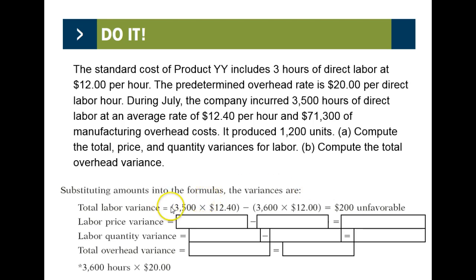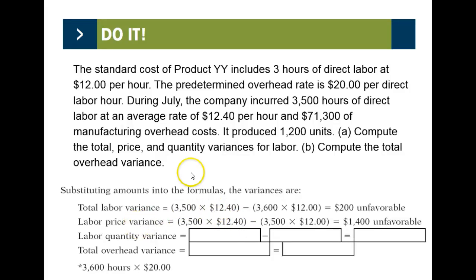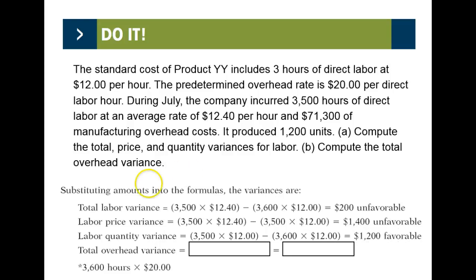Now as we deal with the price, it's actual times actual minus actual times standard. And when we deal with the labor quantity, it's actual times standard minus standard times standard, which gives us a favorable quantity variance in terms of hours worked. The price is unfavorable, but the quantity of hours is favorable.